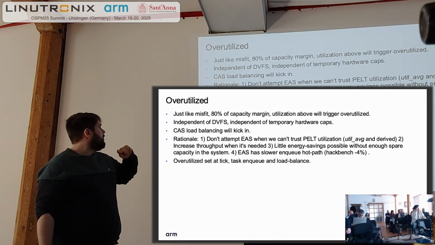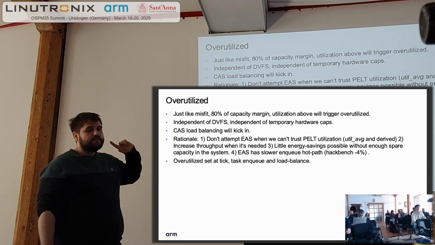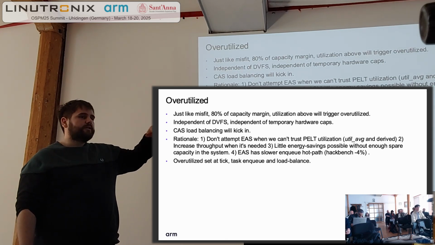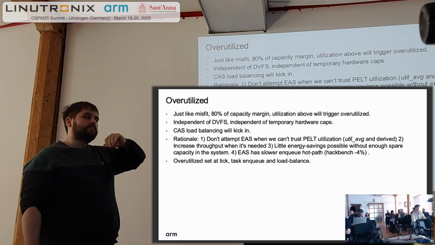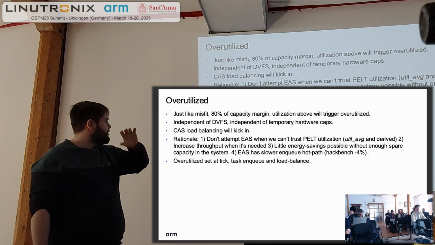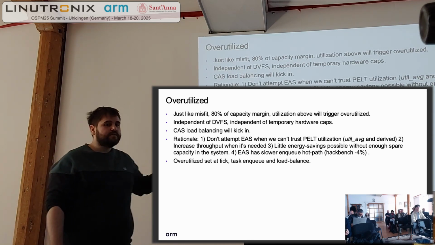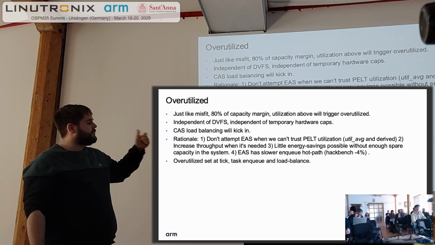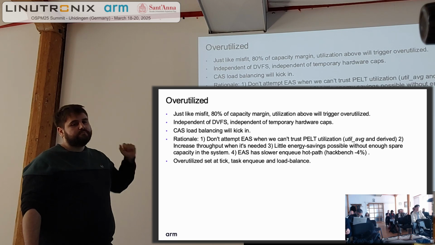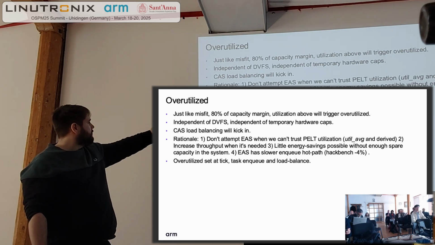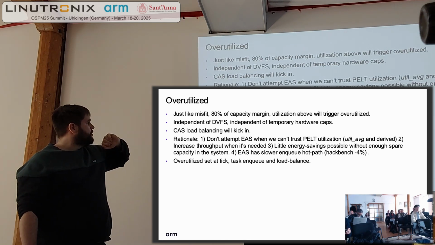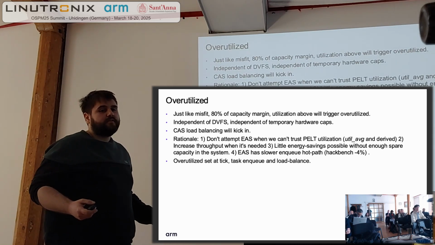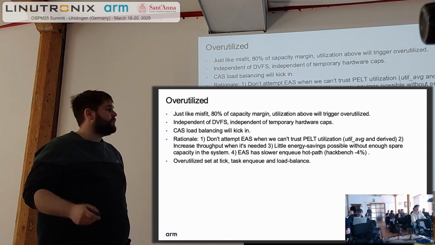If overutilized is set, CAS will kick in and sort of kick some tasks off the overutilized CPUs essentially. There's a few rationales for having this. Originally, it was mostly throughput based. We don't want to have a slower enqueue path for EAS because we have to do the computation.